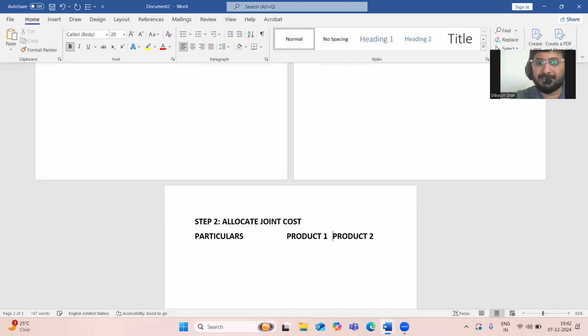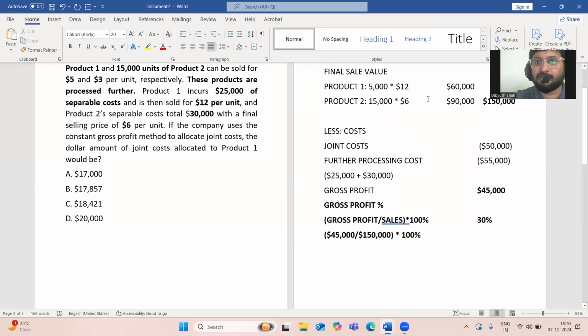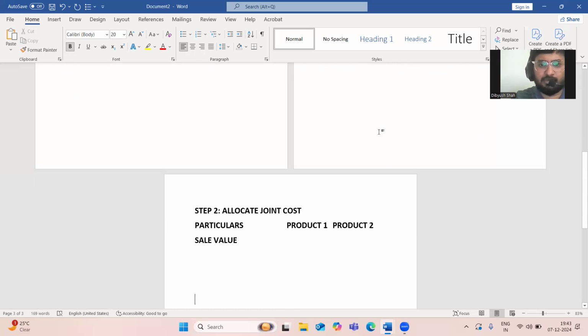So I have all the details now. So what is the sale value? For product 1, what did I have? 5,000 into 12, $60,000. And for product 2, 15,000 into 6, 90,000. Same value only I have to take. So this is 60,000 and this is 90,000.